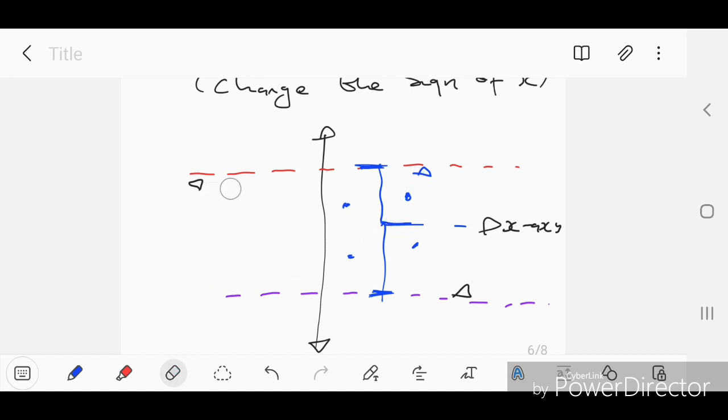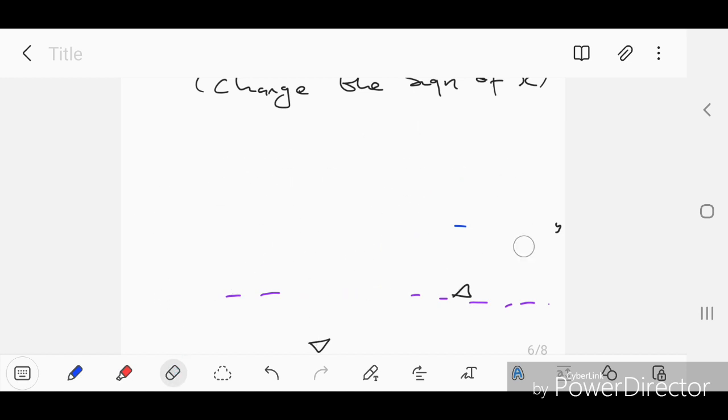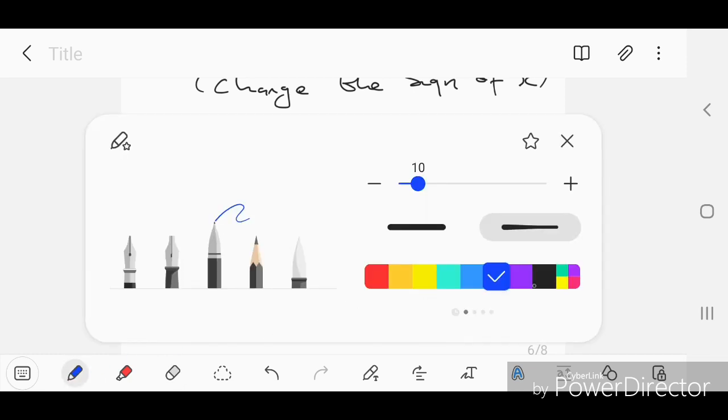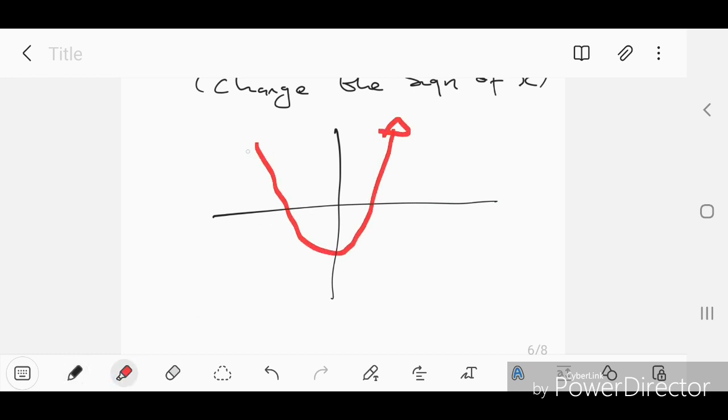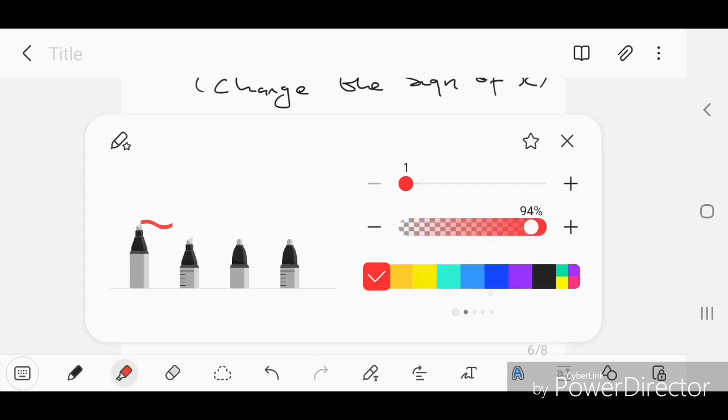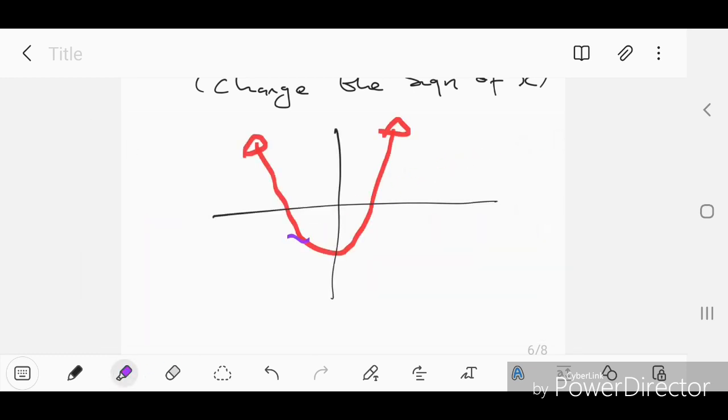So if I am having, for example, a parabolic function, and then they are saying it's reflected about the x-axis, then I will know that this will be my new reflected function.